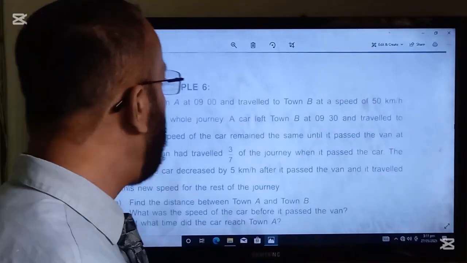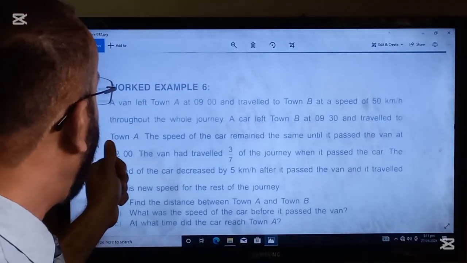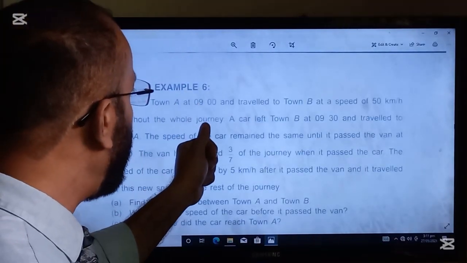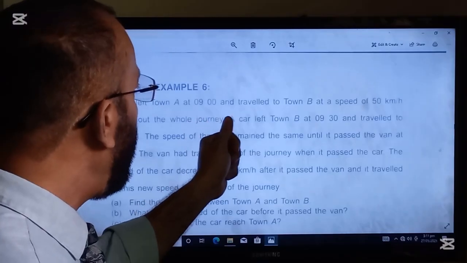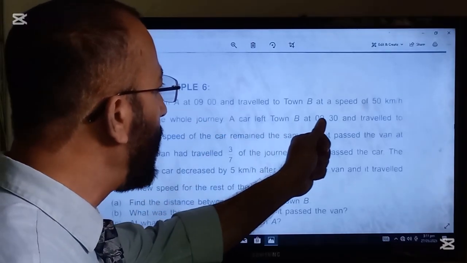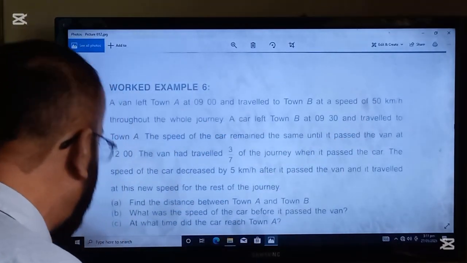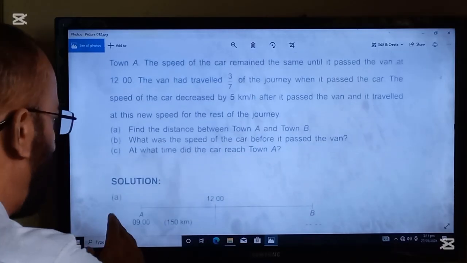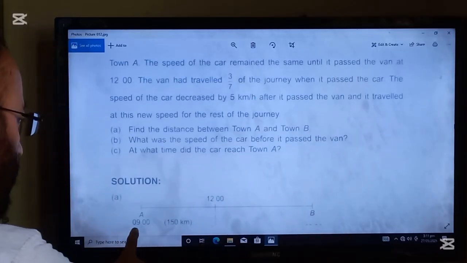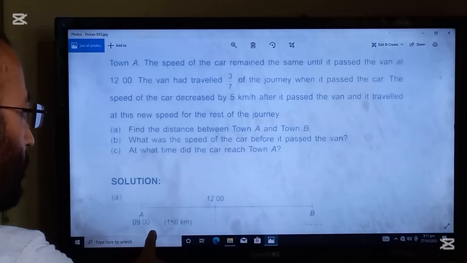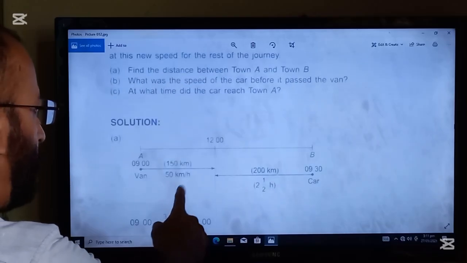Here is another very important question. A van left town A at 9 o'clock and traveled to town B at a speed of 50 km per hour. So the van is moving towards town B, starting its journey at 9 o'clock, and the speed is 50 km per hour.